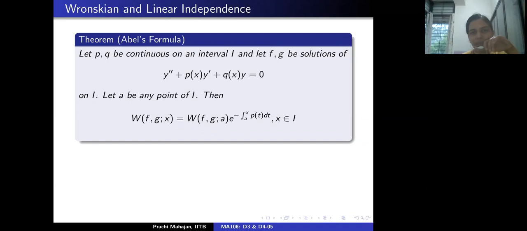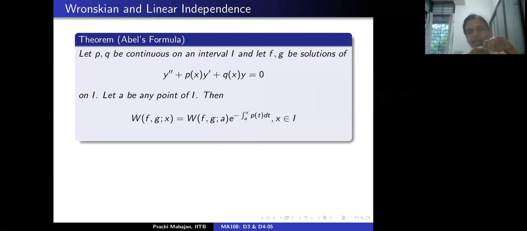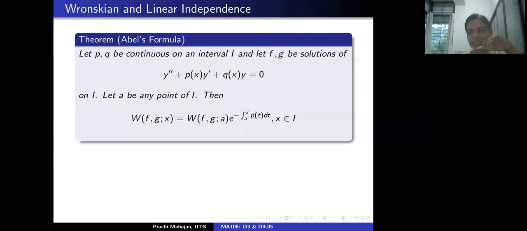This formula, Abel's formula, will enable me to write down the Wronskian of f and g at any arbitrary point of the interval I in terms of the Wronskian of f and g at the point A, and you need some more information about the function f. This has a very interesting implication.